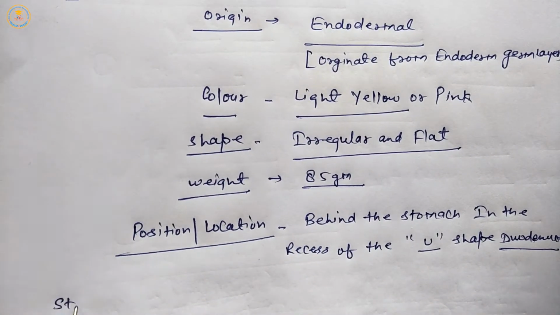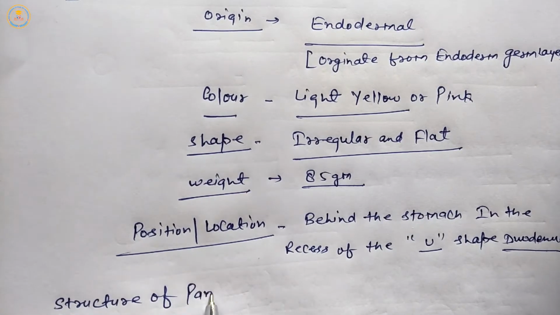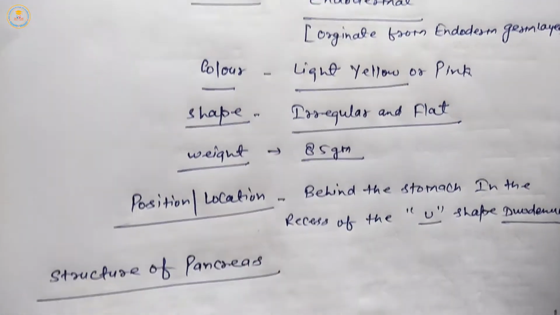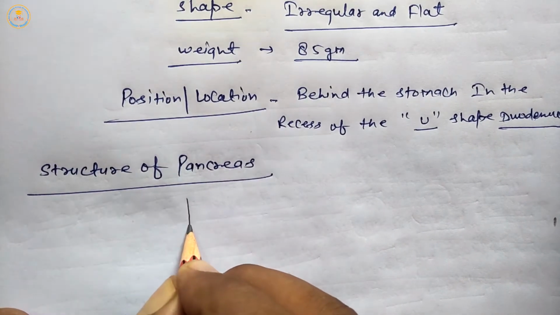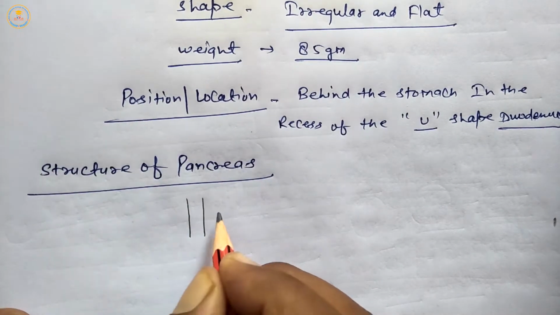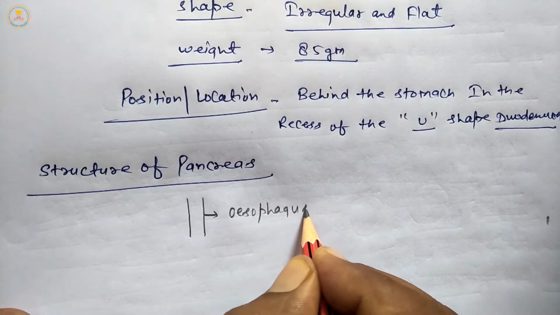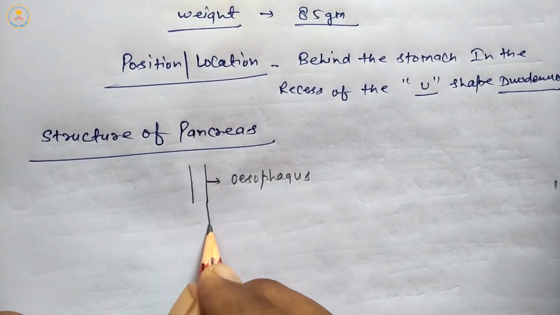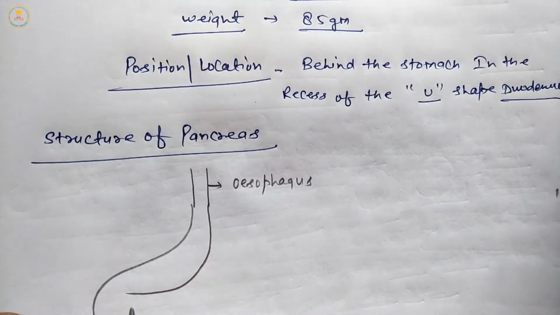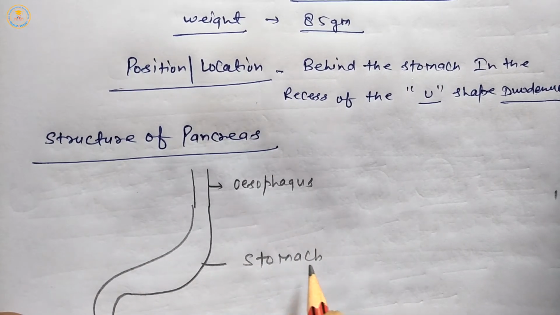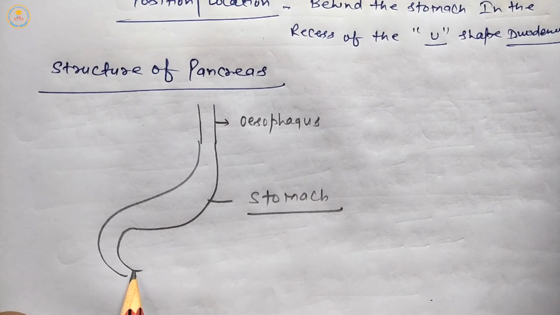Next is the structure of pancreas and figure of pancreas. So in the figure, this is esophagus. It is a part of the alimentary canal. Next, this is stomach. It is J shaped, part of the alimentary canal.